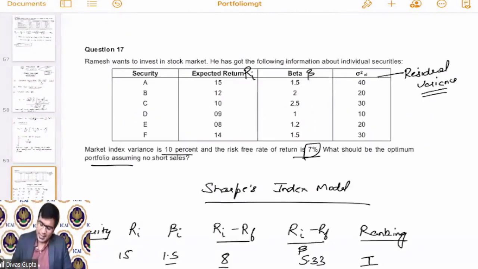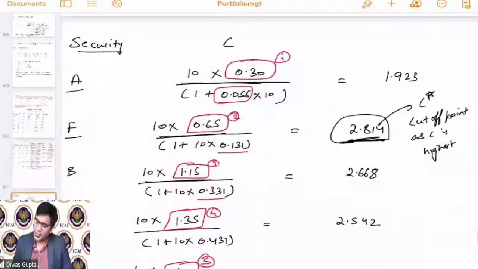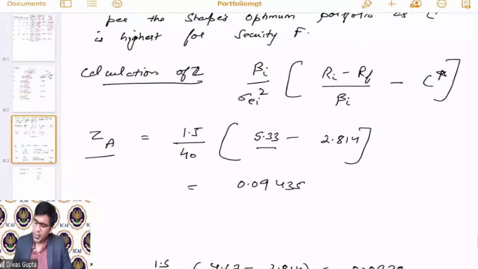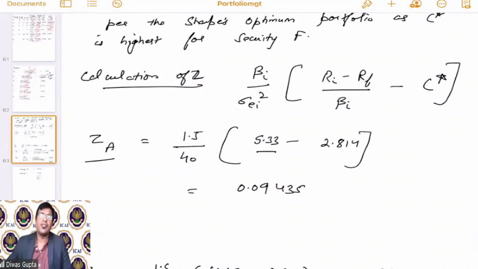But this is one of the models given to calculate, if you as a portfolio manager are given these 6 securities, how you are going to invest. This is specifically applicable to that kind of situation only. So really, I'm not very sure whether this is applicable to the practical share market or not.